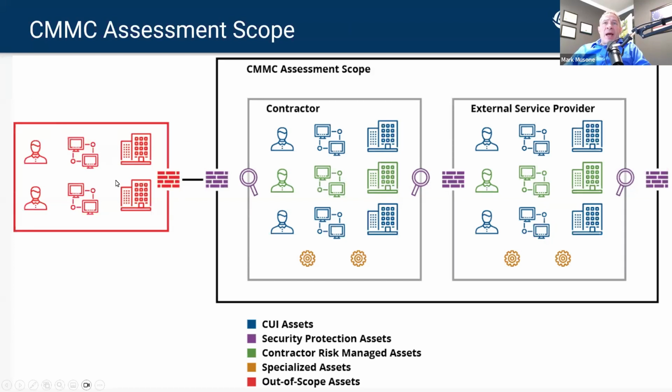So there might be some assets that are completely out of scope. So part of that scoping should be to draw what's called a scoping or boundary diagram, a diagram that clearly indicates what assets are in scope, what assets are out of scope, and for assets that are in scope, the different asset category types.